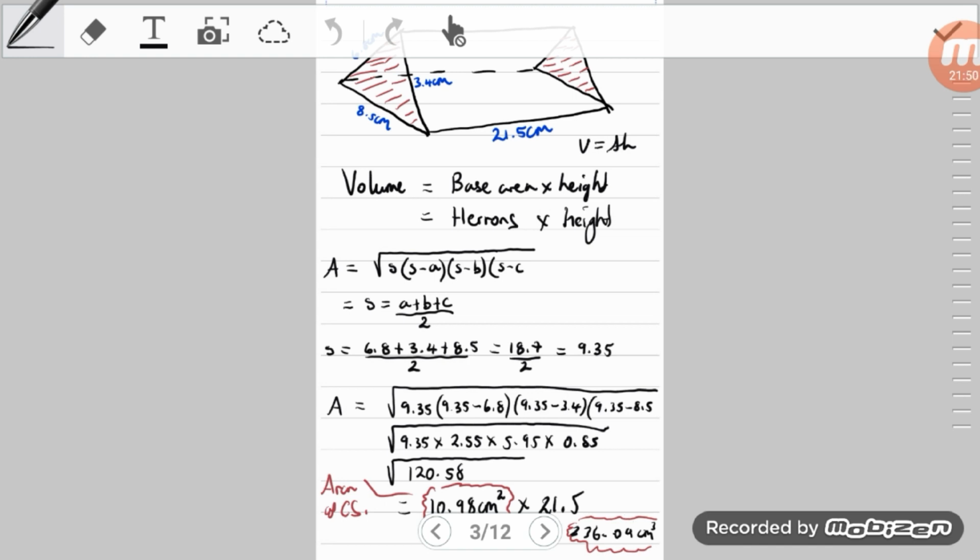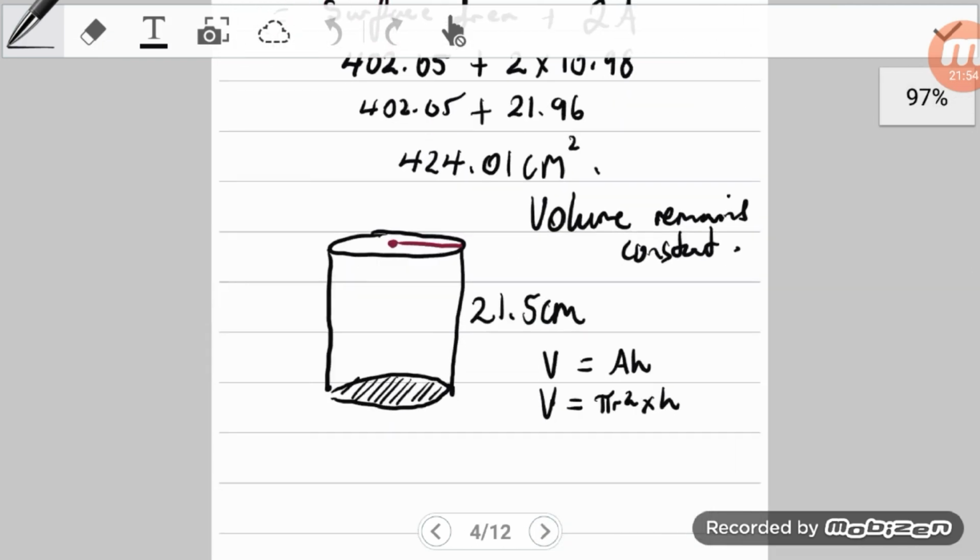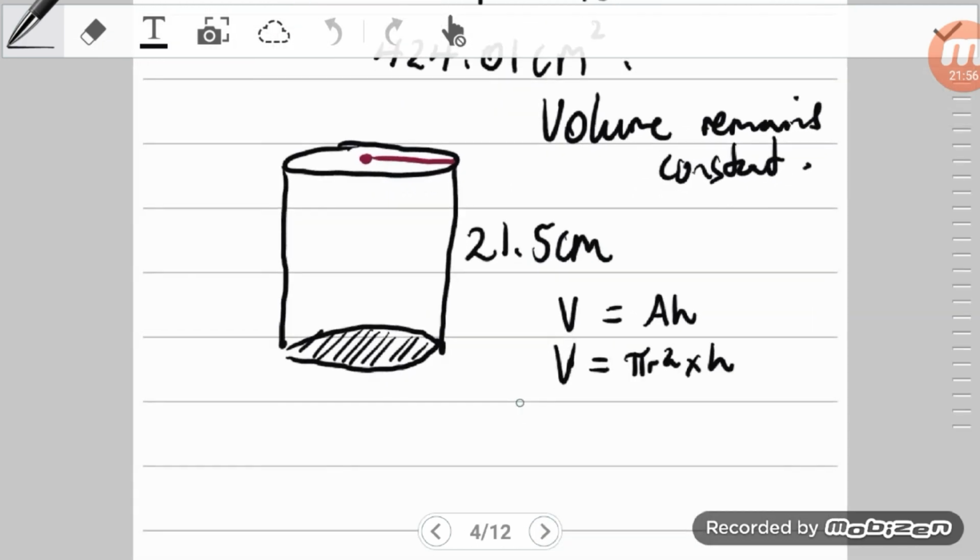All right. So here we go. We know that the volume is 236.09. That is equal to pi. We weren't specifically told what to use pi as, so we're going to work with 3.14. We are obviously in search of r, so that's r squared that remains, and we already know that it has the same length, which in this case now is the height, 21.5.